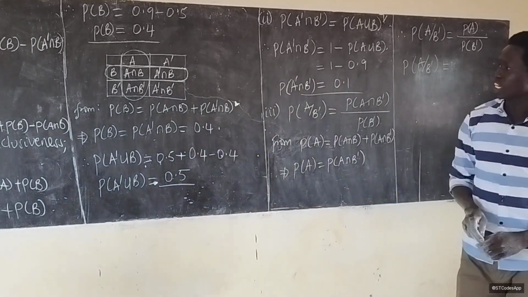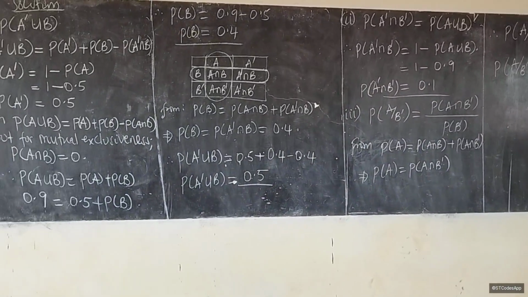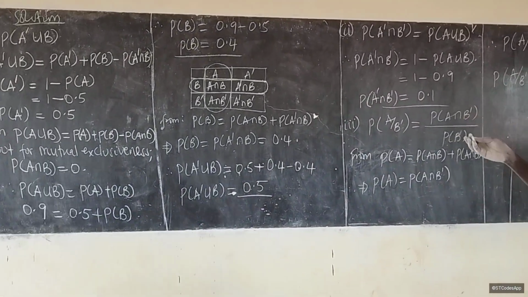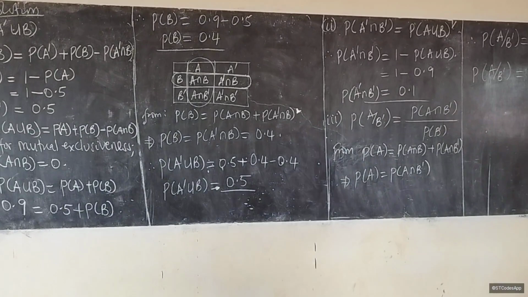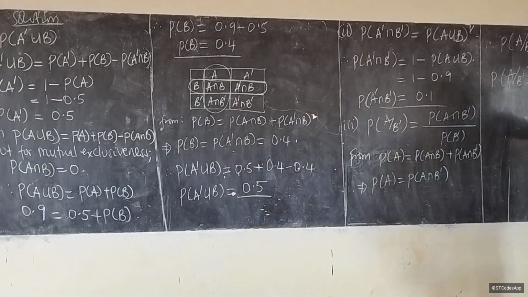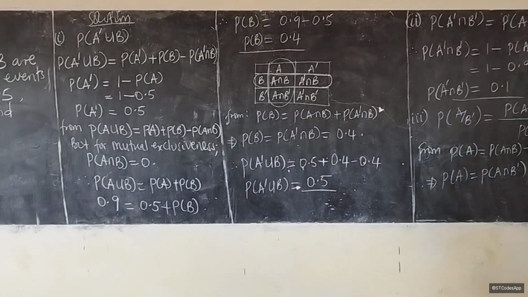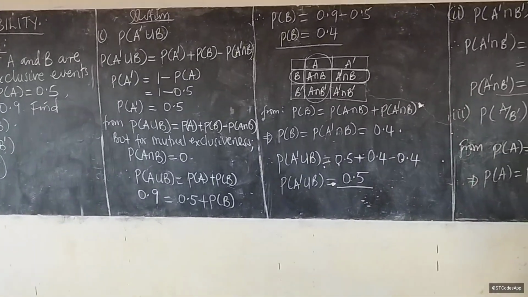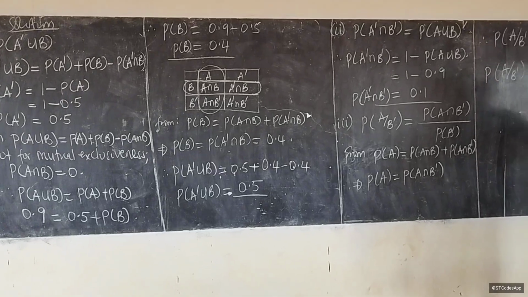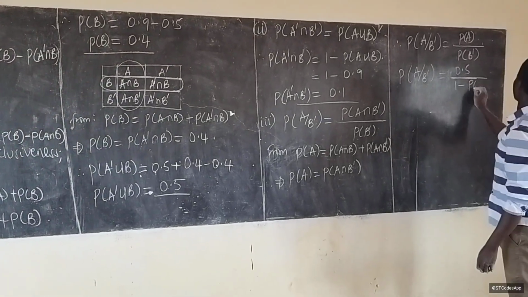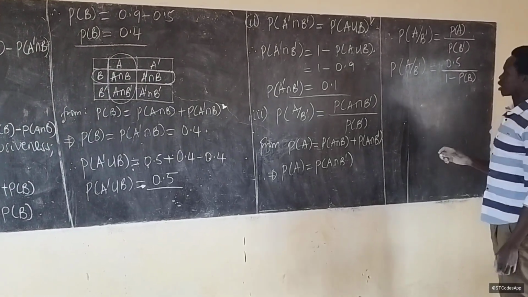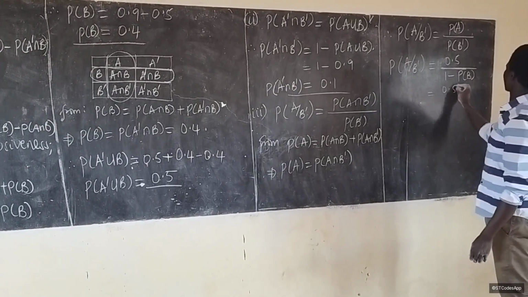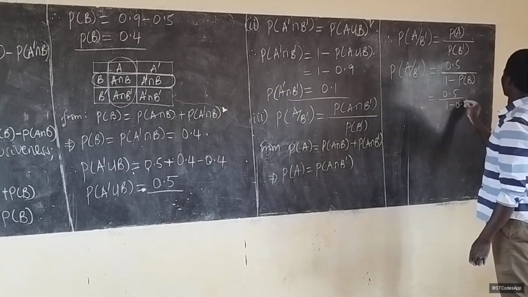So therefore, probability of A given B complement becomes probability of A itself. Probability of A is actually 0.5, it is given in the question. Then probability of B complement becomes 1 minus probability of B, which is 1 minus 0.4.